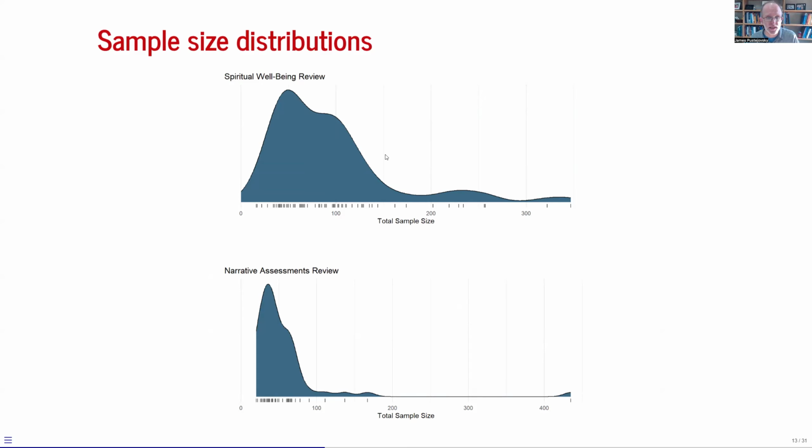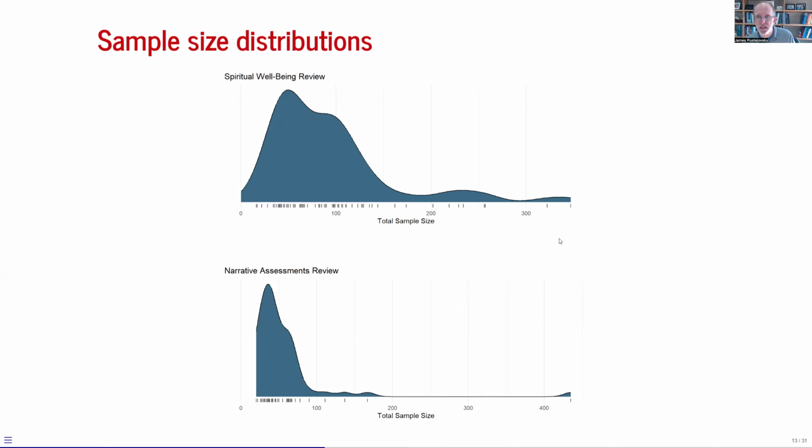So to visualize this, I've just used a density plot of the total sample size of each of the included studies. In the Spiritual Well-Being Review, there's a fairly wide range, right? Some of the studies are quite small, just a couple dozen, up to maybe 150 or so. And then there's a couple of studies that have over 200 participants, 2 that have over 300.